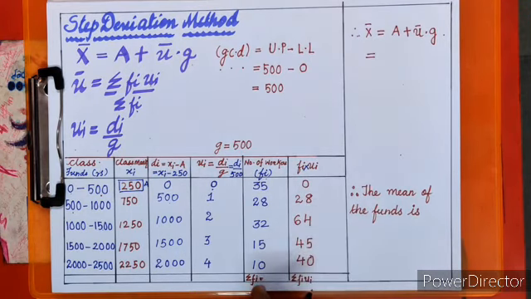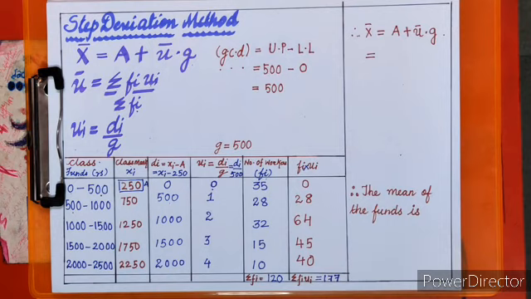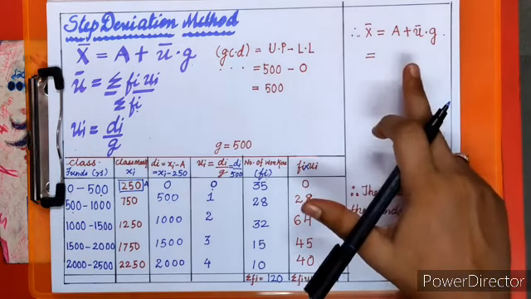Now we will be doing the summation of frequency and summation of the last column. Summation means addition. We'll add all the numbers. Addition will give us 120 and here we'll add all the numbers. Addition will give us 177.